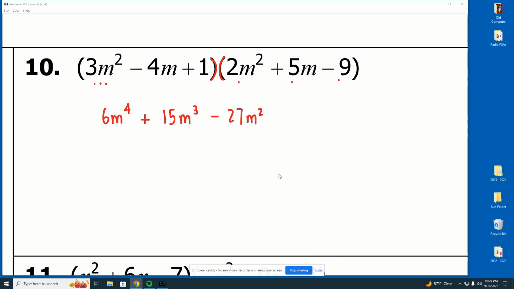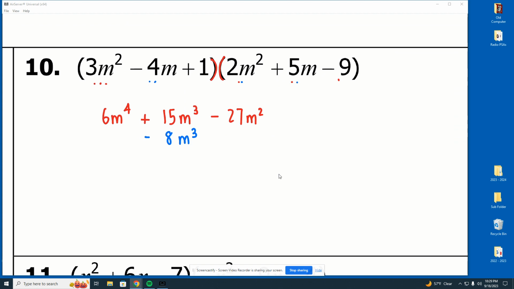Now, let's go to negative 4m. What's negative 4m times 2m squared? Well, negative 4 times 2 is negative 8, and m times m squared is m cubed. So negative 8m cubed will come right down underneath this positive 15m cubed. Next, negative 4m times positive 5m.